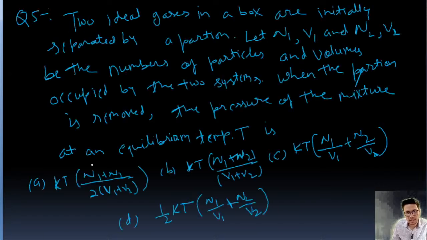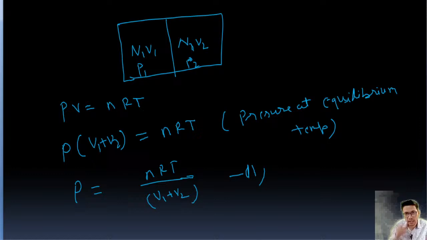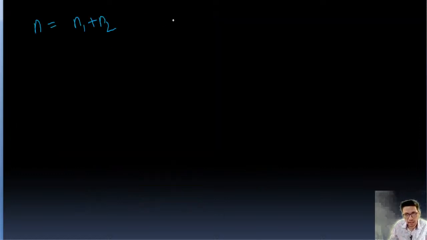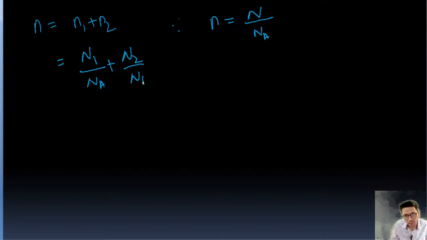So n means n1 plus n2, because there are two gases, right? The mixture of two gases, so n is the total. Since n is equal to the number of particles upon Na, where Na is the Avogadro number, we can write n as N1 upon Na plus N2 upon Na, since there are N1 particles in the first part.